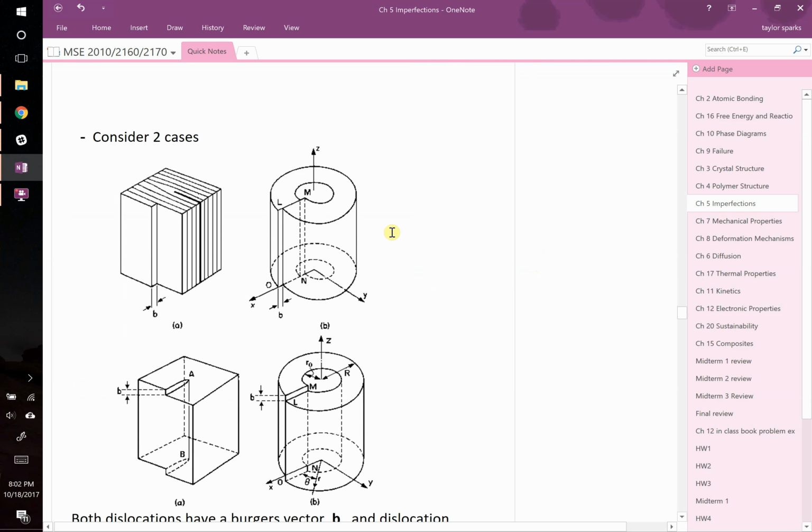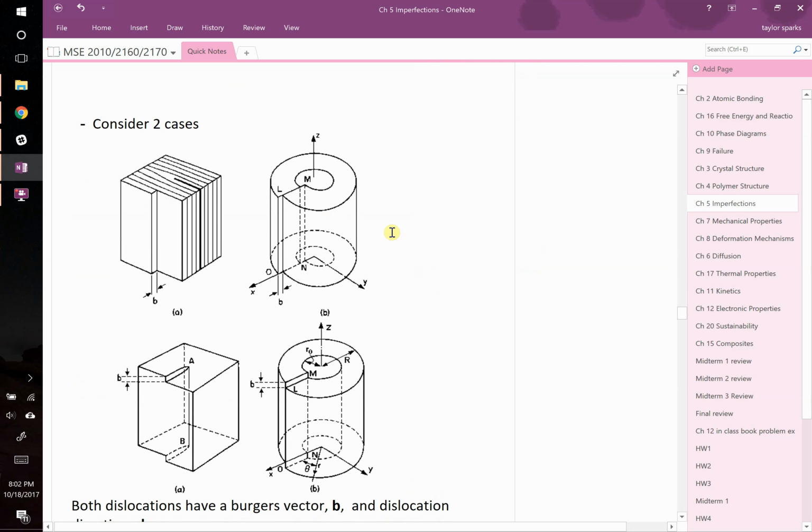Okay. So there's actually two different types of dislocations that we can have in a material. We can have what's called an edge dislocation, or we can have a screw dislocation. Both of these have a Burgers vector. Again, our Burgers vector is the value by which, if you do the Burgers circuit going around the dislocation, it's how much you would need to add to get back where you started.